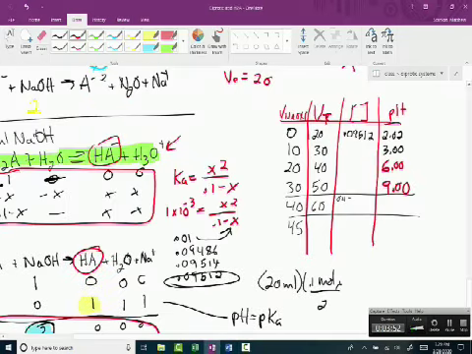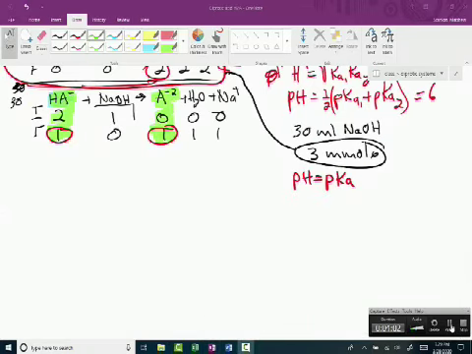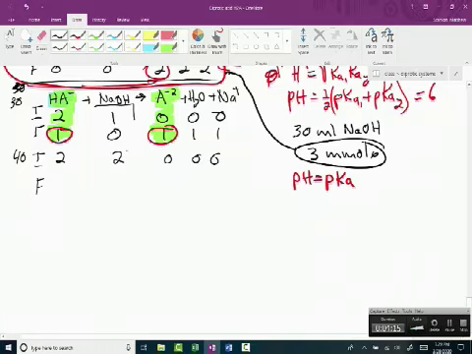If I screw up and put a 9 right here, pH equals pKa for our system. Scroll back down, we do 40 milliliters. I'm going to do 40 and 45 right now. Initial, final: we have 2, 2, 0, 0, 0. We have 2 here, not 4, for the same reason.